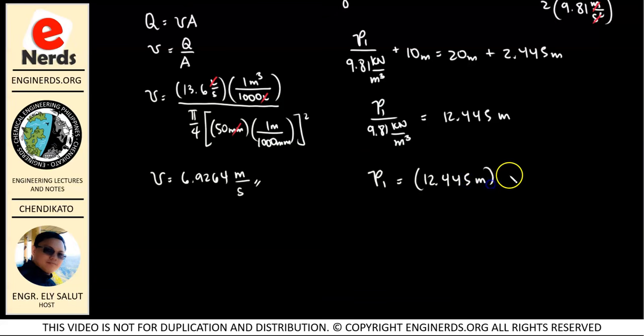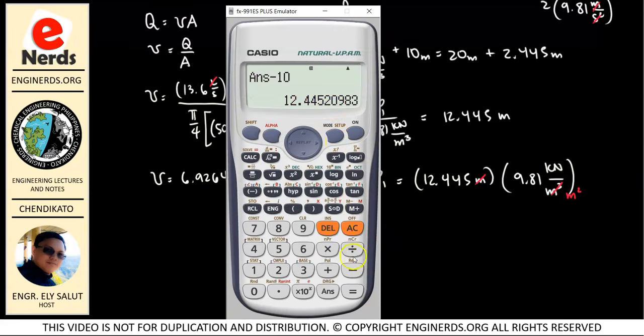Therefore, our pressure at point 1 is equal to 12.445 meters times 9.81 kilonewton per cubic meter. What will our unit be here? This meter will be cancelled out, and what remains in the denominator is square meter. So, let us calculate. 12.445 times 9.81 is equal to 122.088.